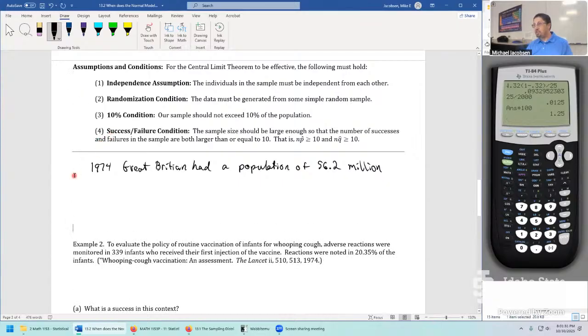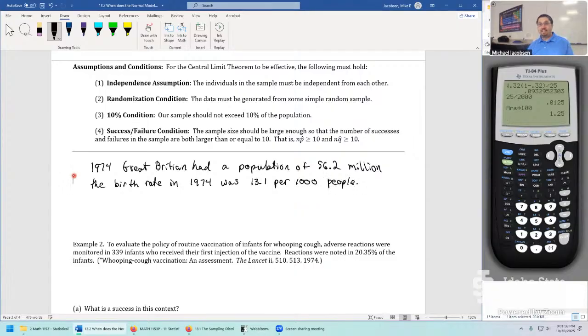And the other piece of research I found, which was interesting, was we also know the birth rate. The birth rate in 1974 was 13.1 per 1,000 people.